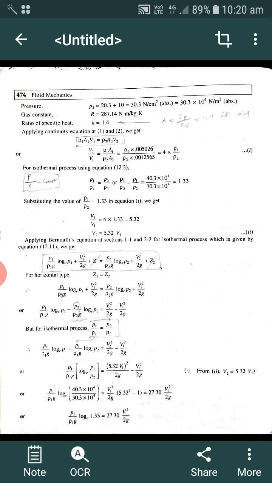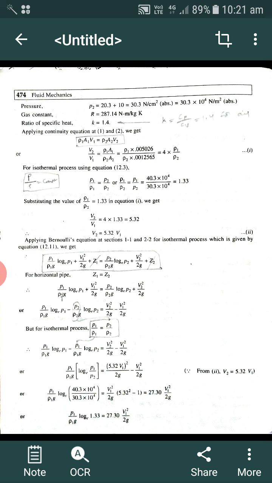For an isothermal process, the equation is P by rho is equal to constant. Substitute P1 by rho 1 is equal to P2 by rho 2. Therefore rho 1 by rho 2 becomes P1 by P2.